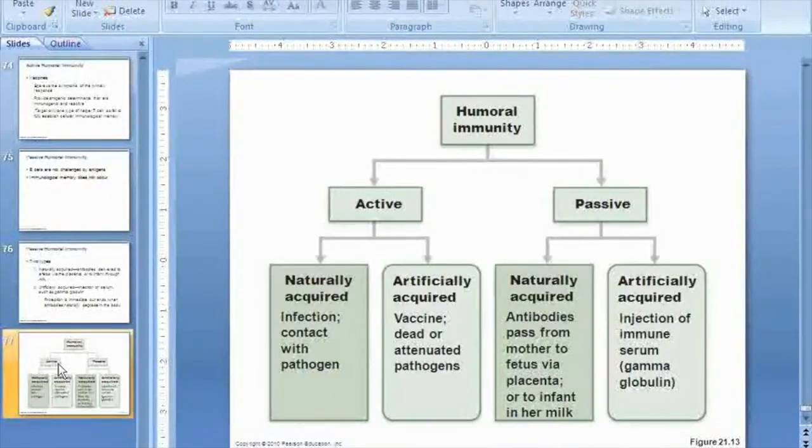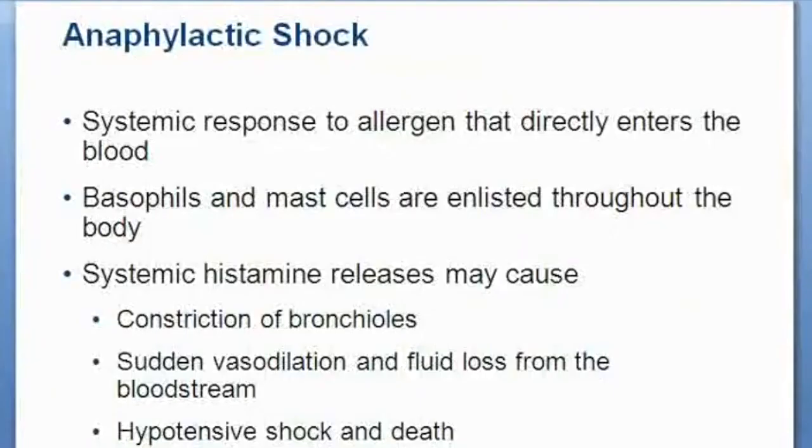Humoral immunity has two parts, active and passive. Active can have both a natural and an artificial, and passive can have both a natural and an artificial. So there are a couple of slides right at the end of PowerPoint 1 that if you want to take some time and see that in a more organized format, then there it is. Okay. 21b.